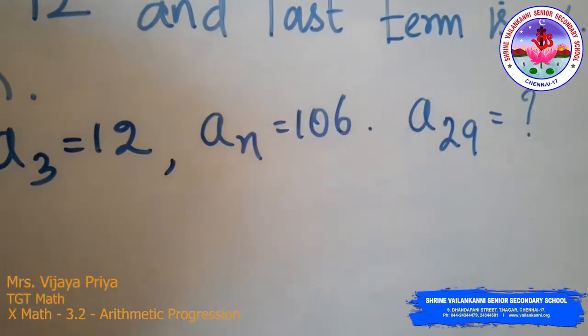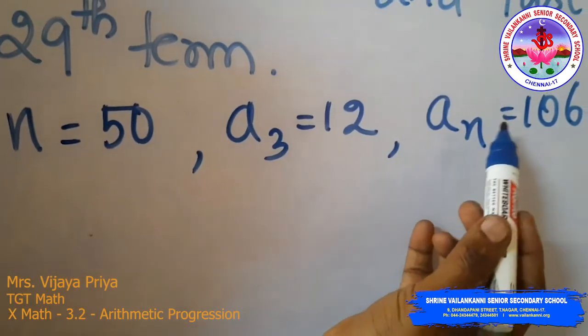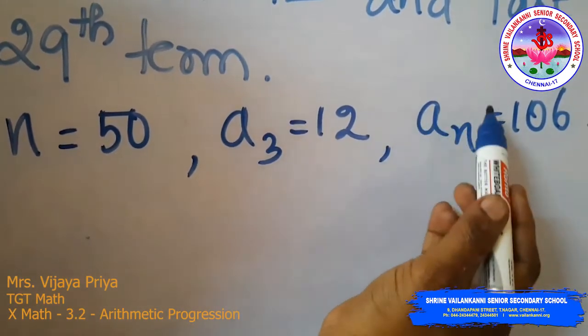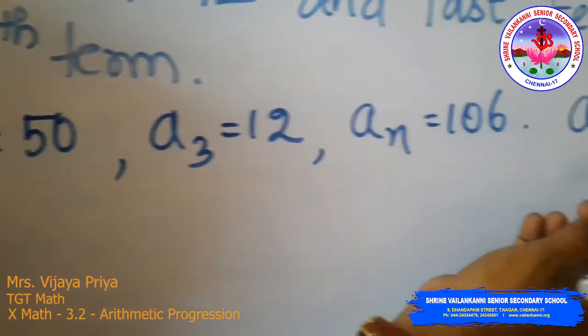So he needs to find out the A29 value. Now I am going to use my nth term value to find A and D, and then substitute in A29.